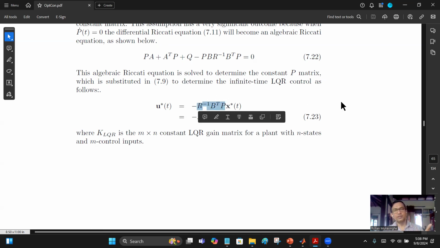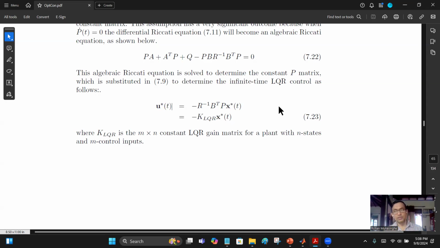R is a constant, sorry, a value here for single input, single output. B is a constant vector. P is a constant matrix. Because these are all constants, this is the optimal state, and this is the optimal control. For each state, you can calculate the control signal.